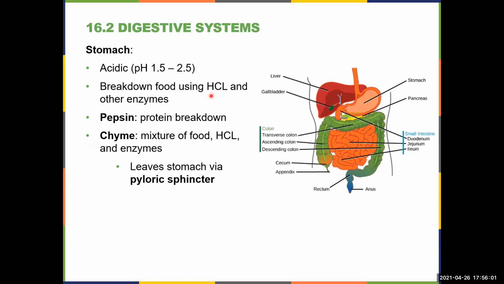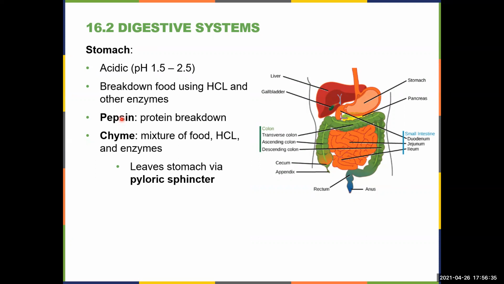One of those is hydrochloric acid, which is HCl, and other enzymes. One of those is pepsin, which breaks down protein. So you have the hydrochloric acid and you have pepsin breaking down and digesting this food. And then there are peristaltic contractions still happening in the stomach that are churning that food and causing it to mix with the hydrochloric acid and the enzymes.